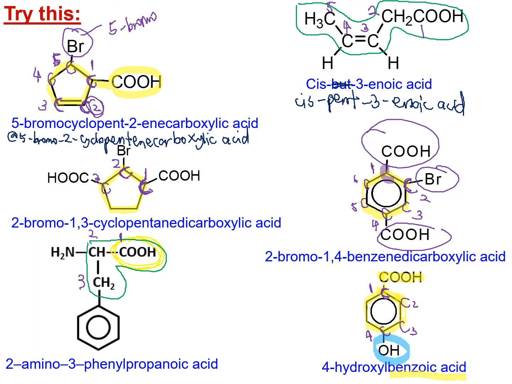We know at the carbon number 2 we have substituent NH2. So bila nak namakan this substituent is going to be 2-amino. And then at the carbon number 3 we have substituent benzene. Do you still remember? Kalau let's say benzene, dia ada dua nama kalau dia jadi substituent. Sama ada benzyl ataupun phenyl.